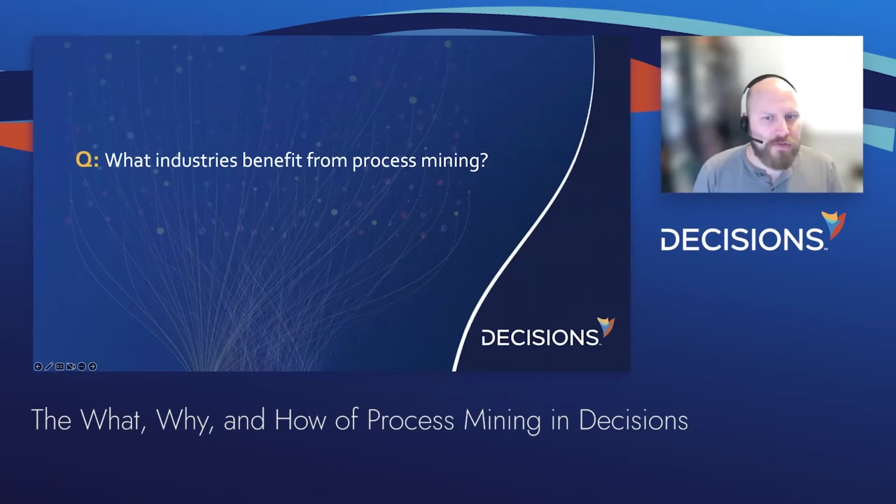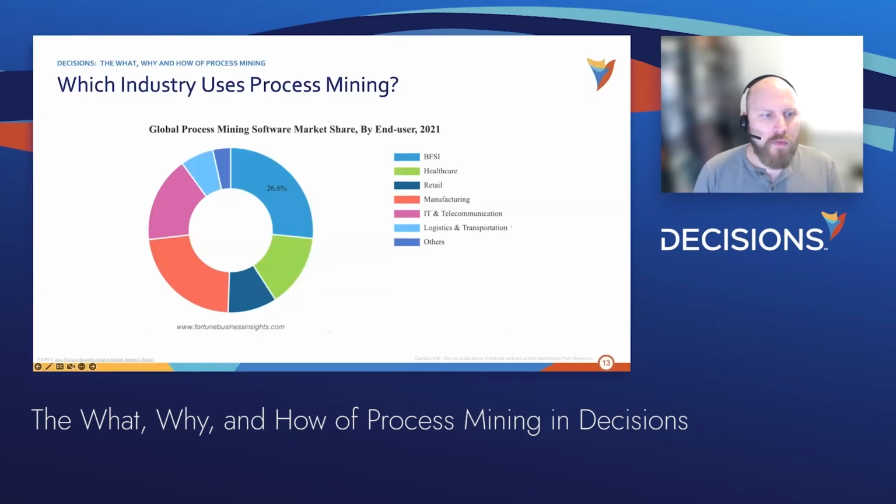That's a great question, Chase. What we've seen is that process mining can be used across a host of industries. Depending on what you're doing, you surely have some type of process, regardless of what industry you're in. Now, we have seen, as you can see from the graph here, the banking, financial services, and insurance takes up a big chunk of that, manufacturing taking up another big chunk of that, both of those around a quarter of the stakeholder there.